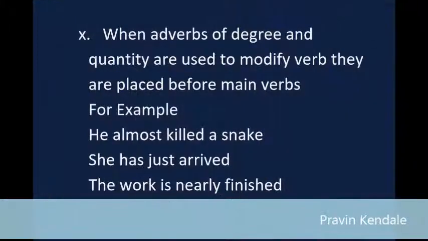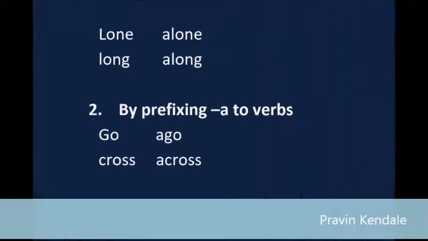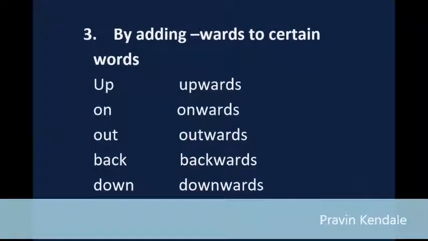Different ways of formation of adverbs. 1. By prefixing a to adjectives. New, anew. Loud, aloud. Broad, abroad. Lone, alone. Long, along. 2. By prefixing a to verbs. Go, ago. Cross, across. 3. By adding words to certain words.